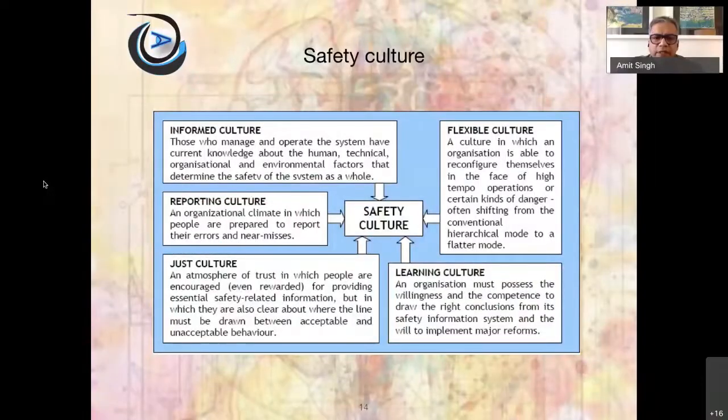Coming back to safety culture, we have seen the first one is reporting culture. People should be free to report. There should not be any hesitation. An anonymous reporting system should be working efficiently, like you have the ASRS in the US. They have no hesitation. But there are some systems wherein the anonymous reporting is in the form of an email ID of a regulator.